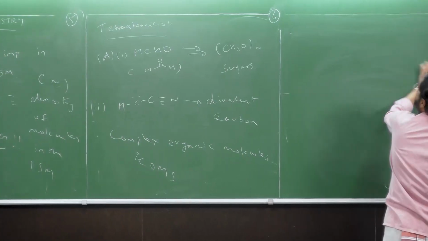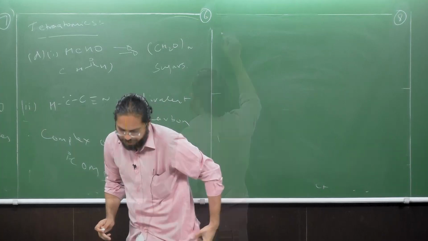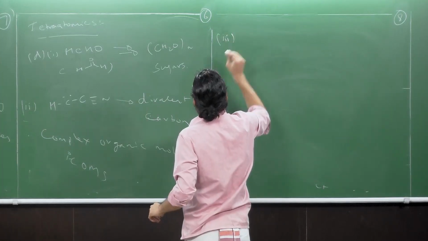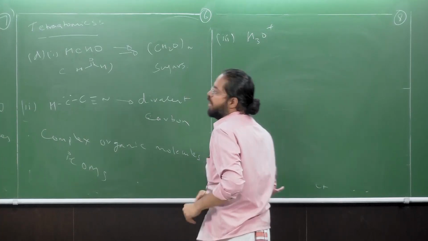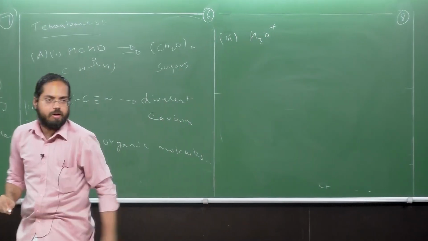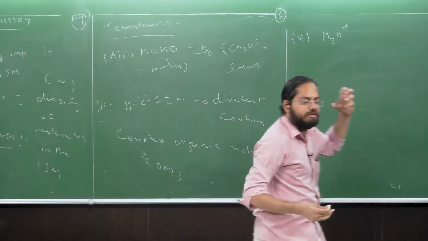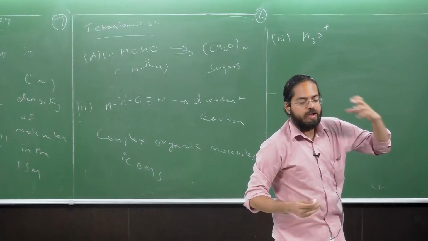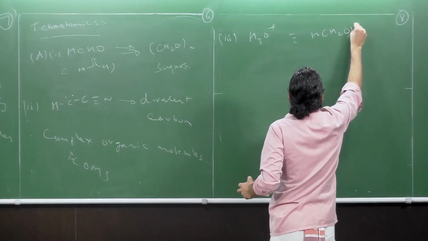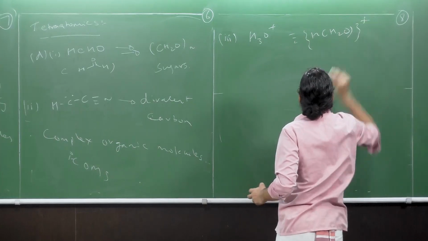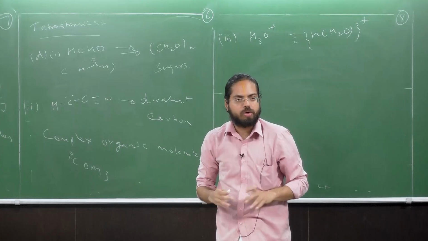The next tetraatomic is going to be something like H3O plus. Now, what is the relevance of this molecule? It's obvious, right? It is the hydrated proton, the monomeric unit of a hydrated proton. You can think about it this way: a proton which is hydrated by a water molecule.